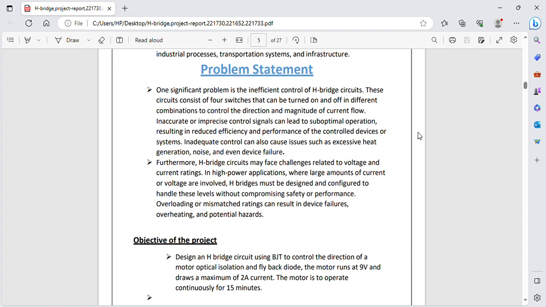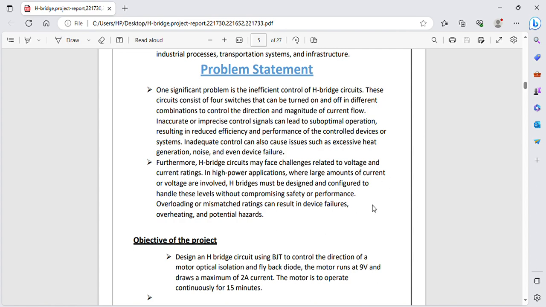Inaccurate or imprecise control signals can lead to suboptimal operations, resulting in reduced efficiency and performance of the controlled devices or systems. Inadequate control can also cause issues such as excessive heat generation, noise, and even device failure.